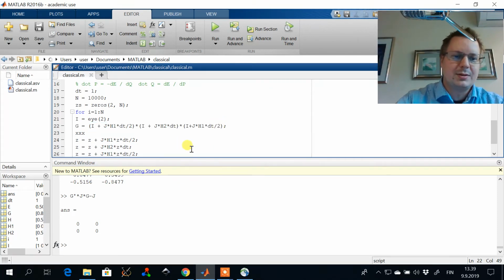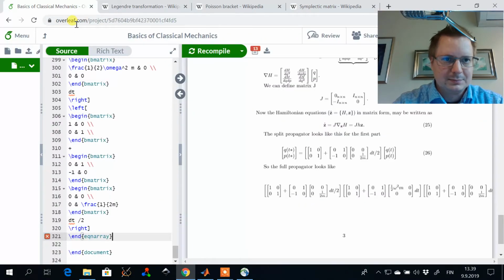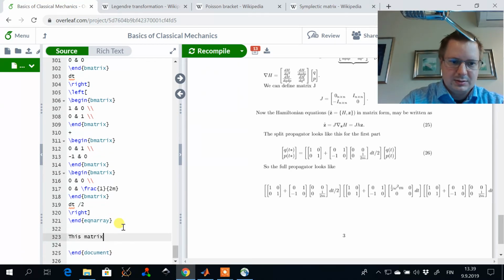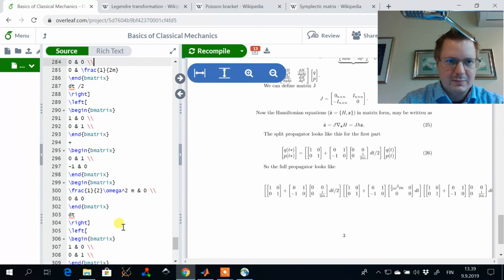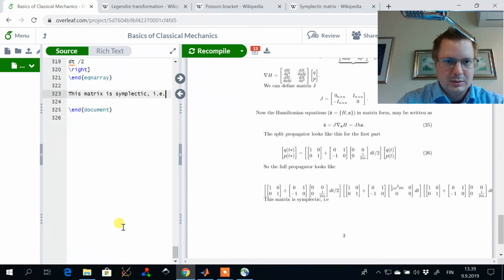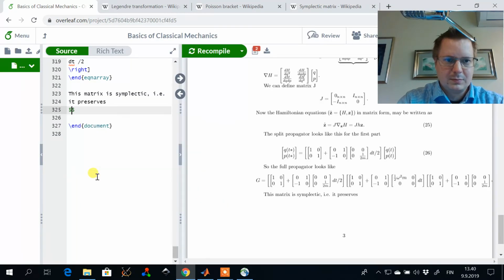So it preserves the symplectic structure, and so this matrix, we can call this now G. So it was G transpose J G plus J. Okay.